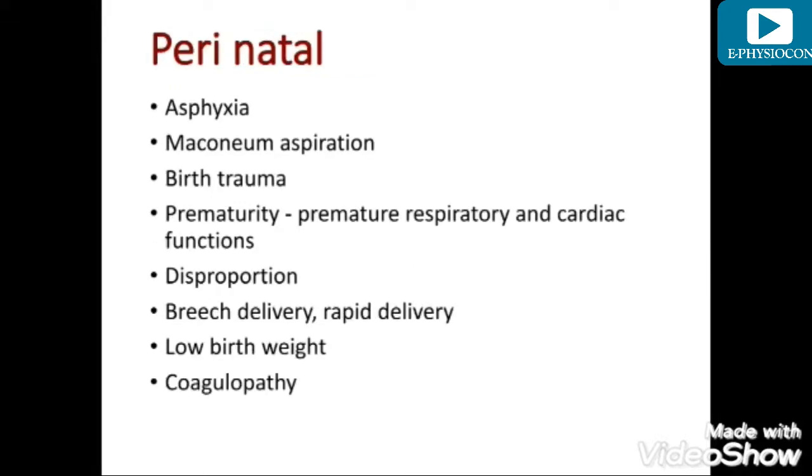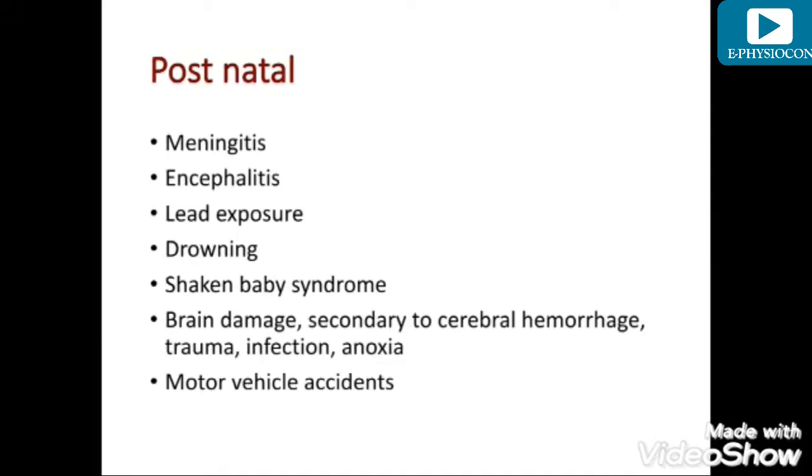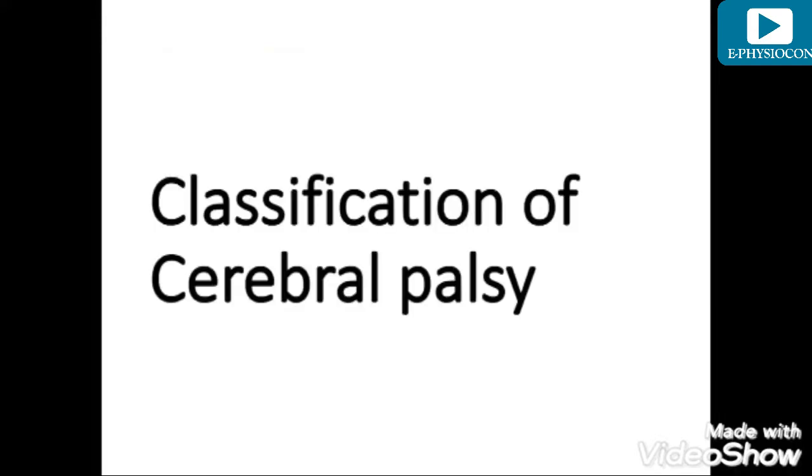Perinatal causes may be asphyxia, meconium aspiration, birth trauma, prematurity, disproportion, breech or rapid delivery, low birth weight, coagulopathy. Postnatal may be meningitis, encephalitis, lead exposure, drowning, shaken baby syndrome, brain damage secondary to cerebral hemorrhage, trauma, infection, anoxia, motor vehicle accidents.